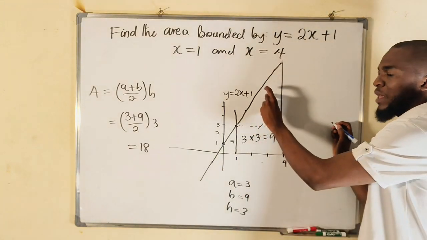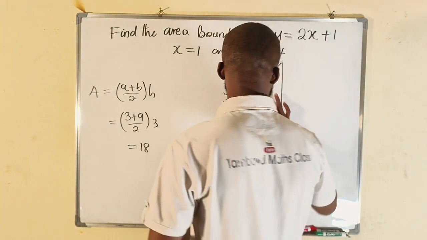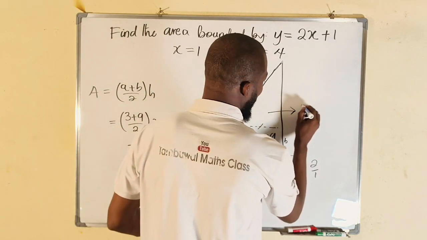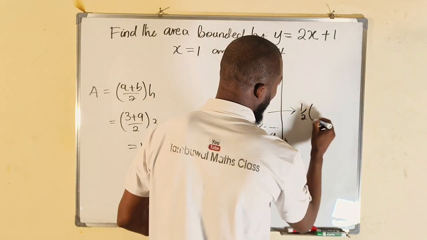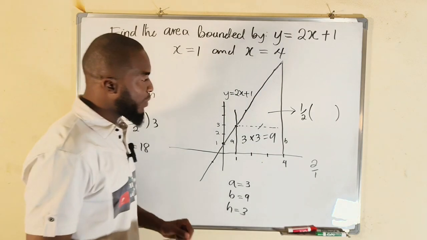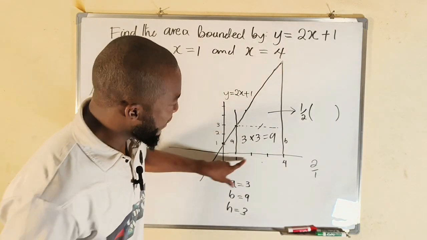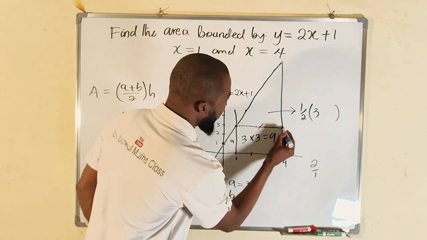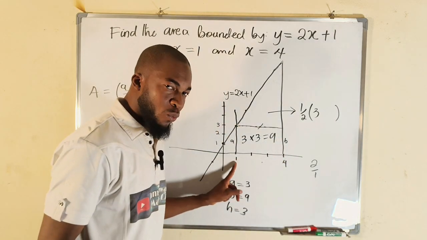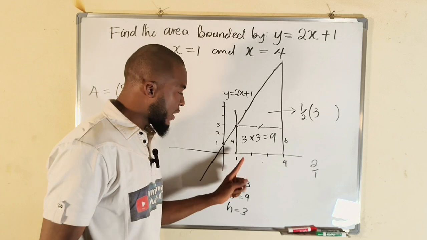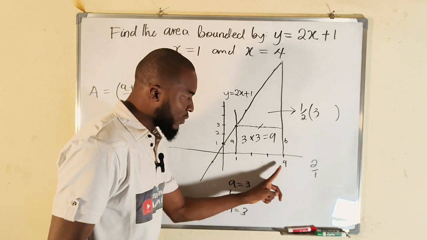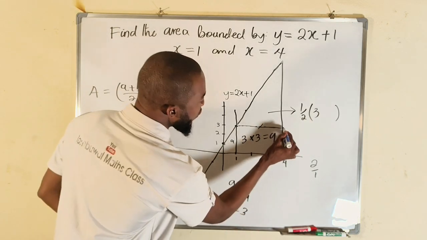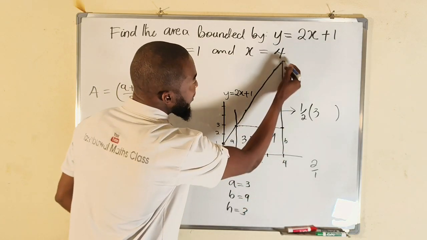So what will be the area here? It will be half the base times the height. So what is the base? The base is the same thing, 3. Because this is the base of the triangle, it will be the difference between 1 down to 4. You can even calculate it like this. 1, 2, 3. It is 3. Then the height will be from this point to this point.